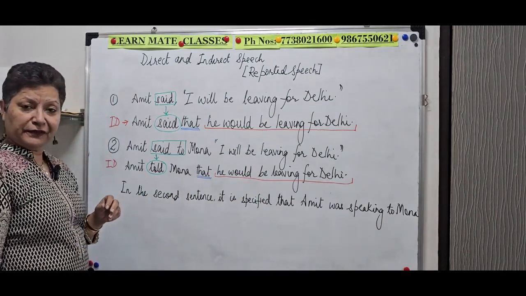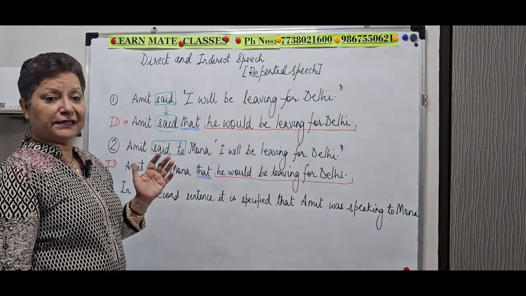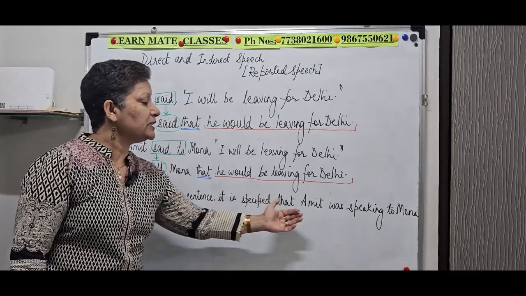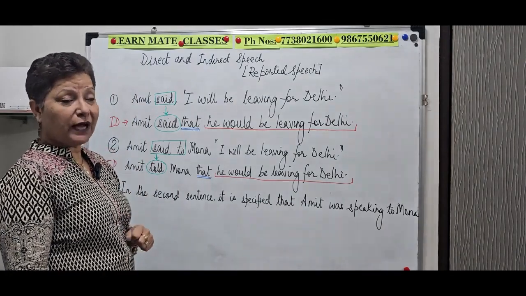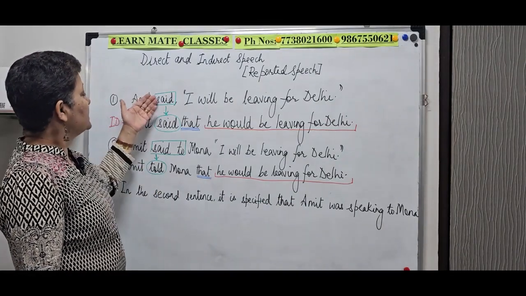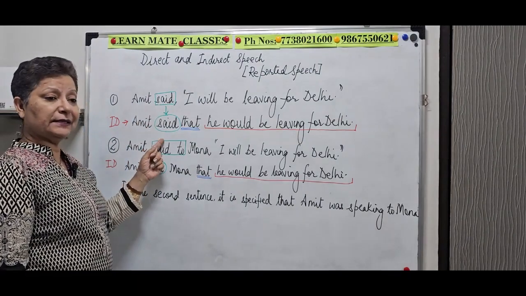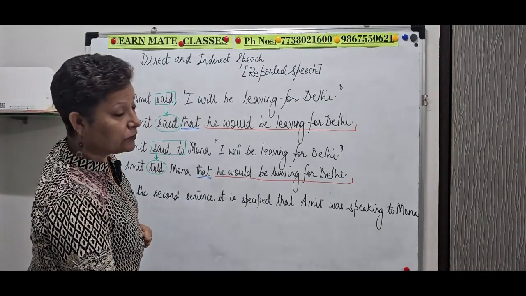So what is the difference between the two sentences? The only difference is that I know he was speaking to Mona. So in the second sentence, it is specified that Amit was speaking to Mona, and because of that, this said then changes to told. Here it remains the same. Here it changes from said to told.